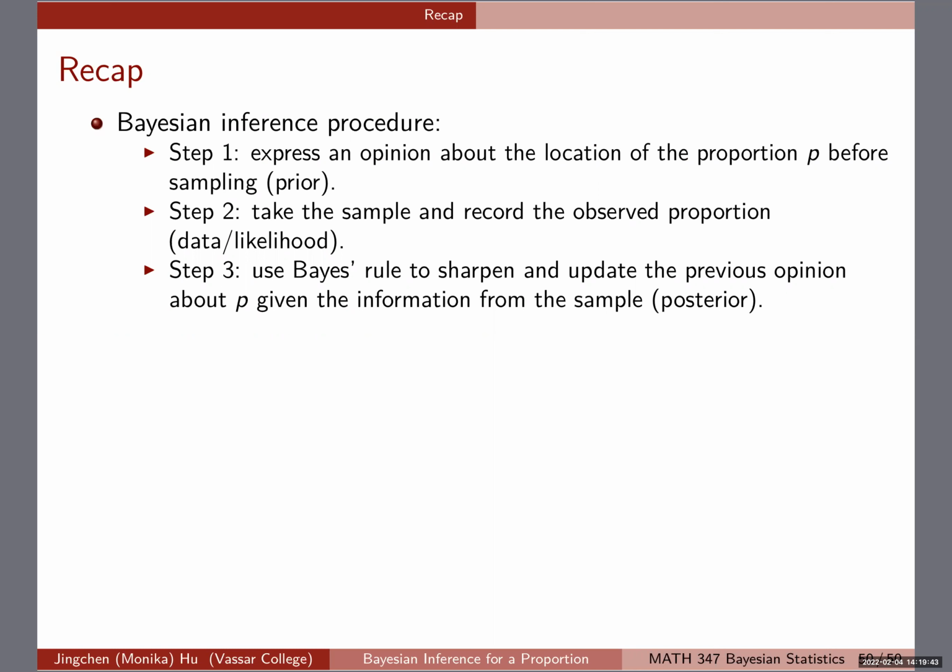We talked about why we say that the Bayes rule can help us sharpen and update the previous opinion from the sample, meaning from the prior and the data to the posterior, so we have less uncertainty. And the mean is some kind of average between the prior mean as well as the sample mean.